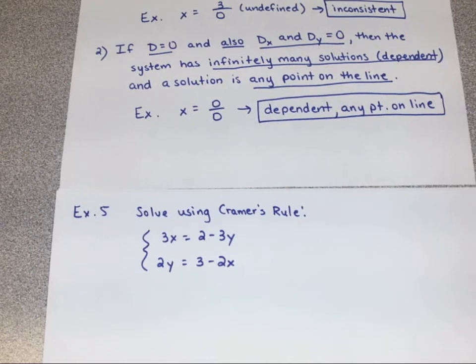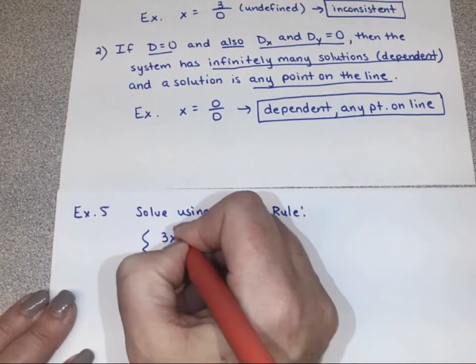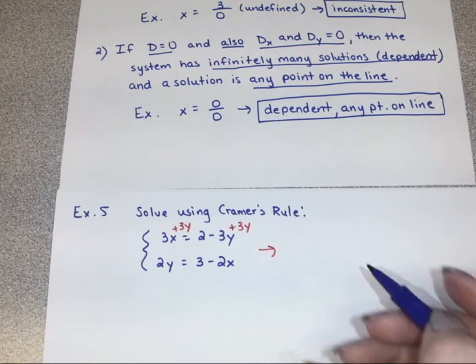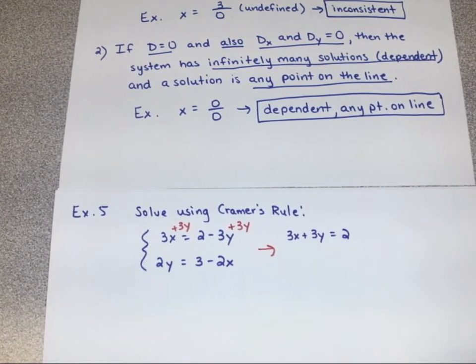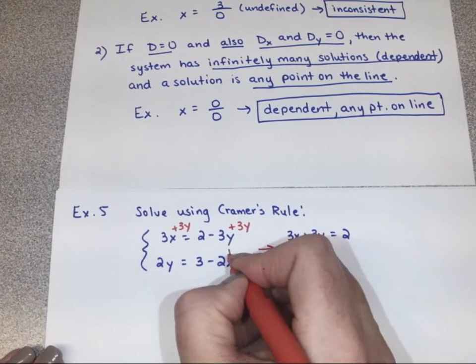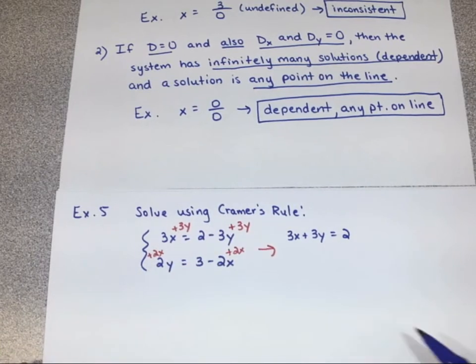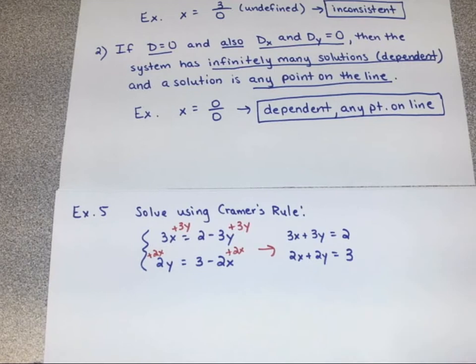So I need to make this equation look like the rest of them have been looking. So I'm going to add 3y to both sides here. That's going to give me 3x plus 3y equals 2 for the first equation. And then I'm going to add 2x to both sides here, and that's going to make it look like 2x plus 2y equals 3.